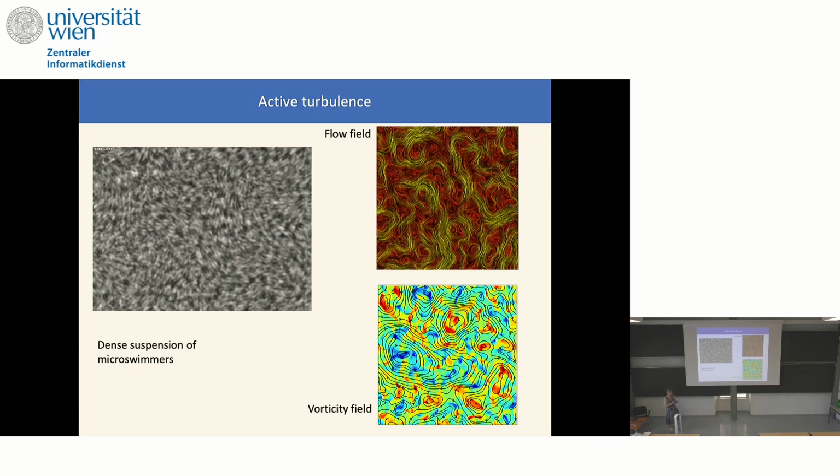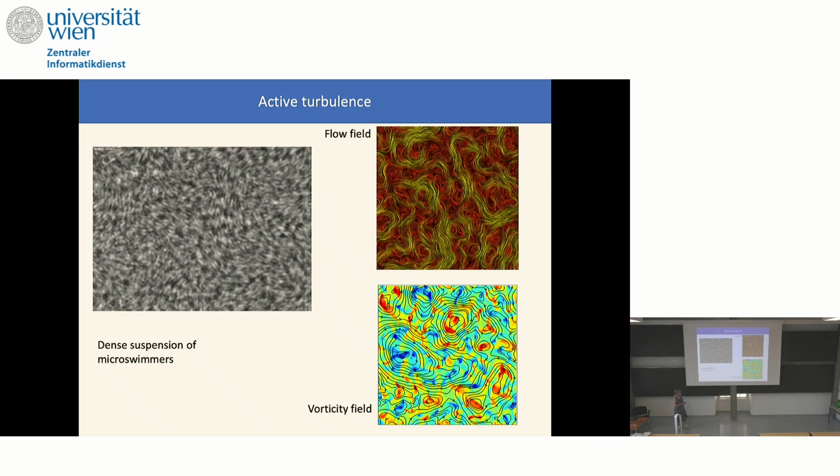And the red bits are vorticity going that way, and the blue bits are vorticity going that way. And the length scale of these vortices is about 5 to 10 swimmers wide. So this is a very typical picture in all these systems which show active turbulence.